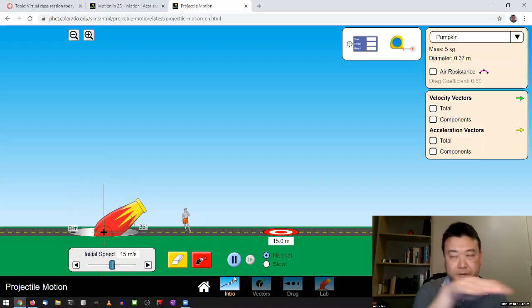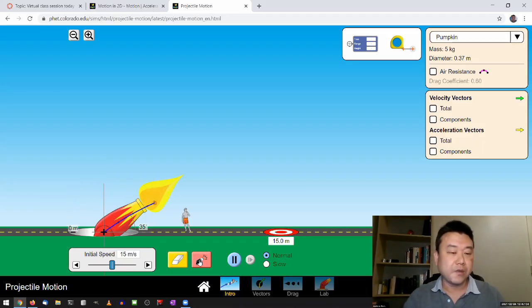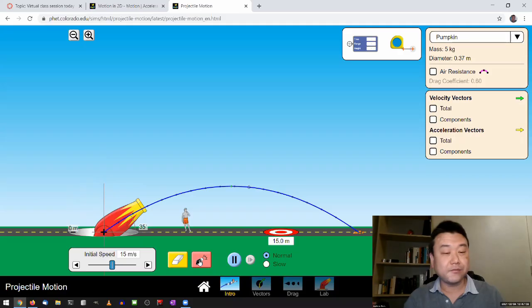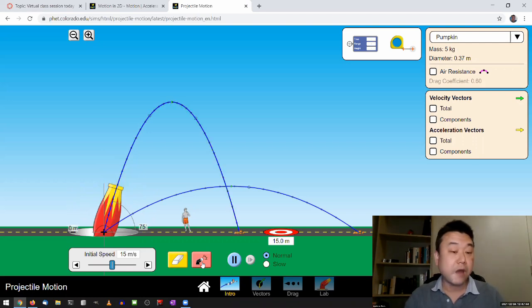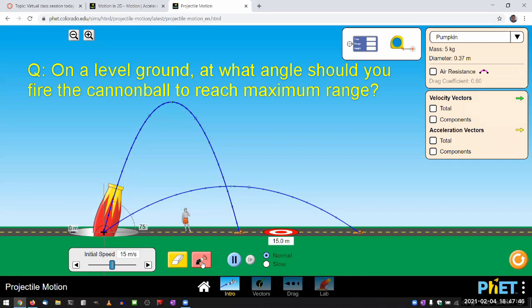On level ground, at what angle should you fire this cannonball so that it reaches the maximum distance, the maximum range? Most people have good enough intuition to say it should be 45 degrees. That's going to give you the maximum range.